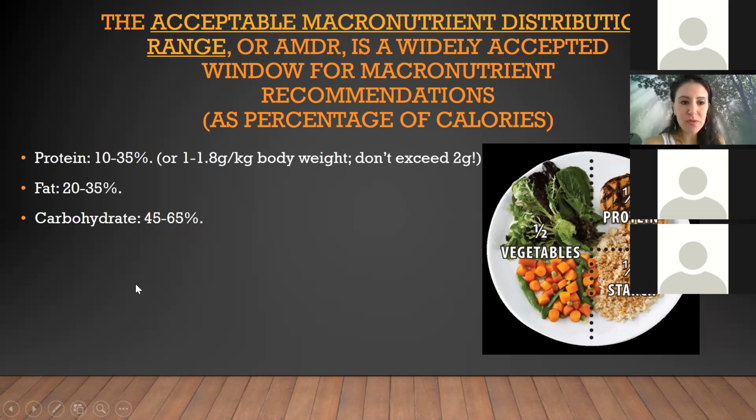A keto diet would be like 70% to 80% fat, and then maybe 10% to 15% protein, and less than 5% carbohydrates. That's already really imbalanced based on all the research out there. So I actually would not recommend a ketogenic diet to begin with.